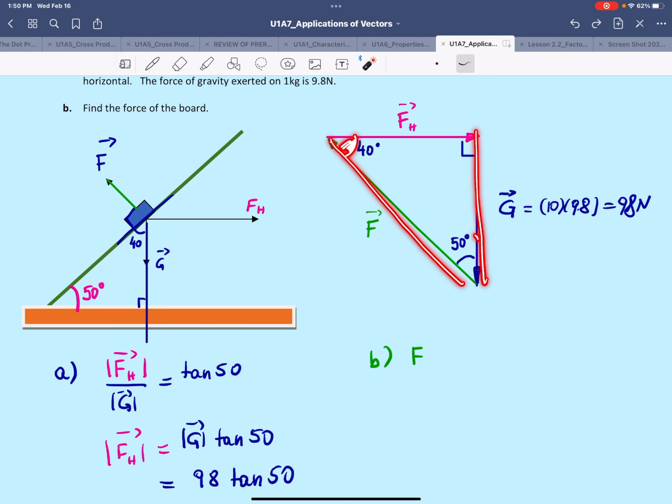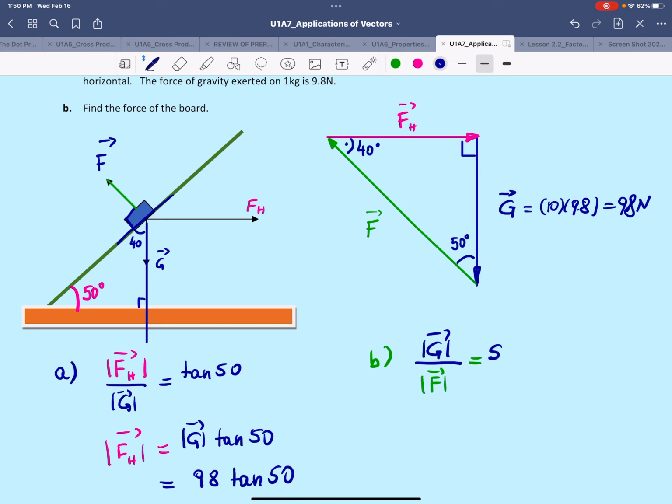So I'm going to use the angle 40. And gravity is opposite the angle 40. So we're going to say that gravity magnitude divided by force F will be the sine of 40.